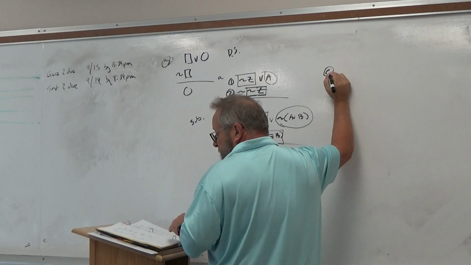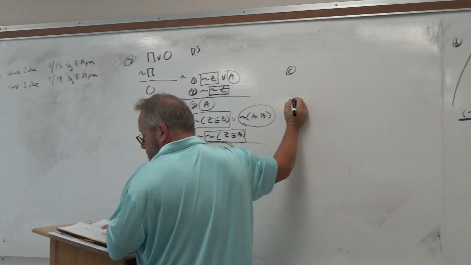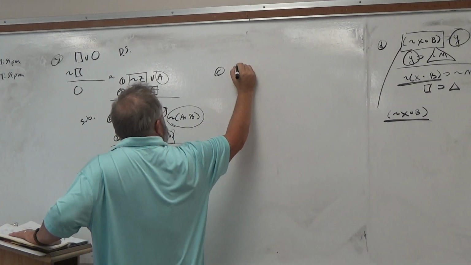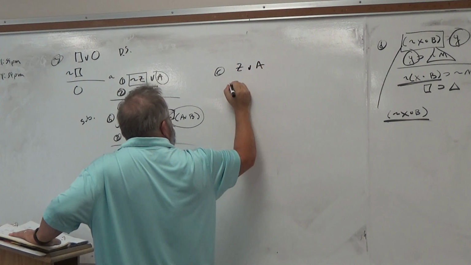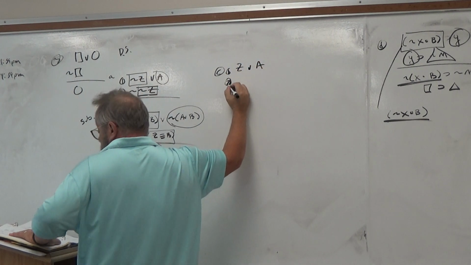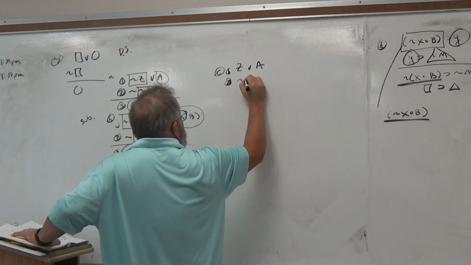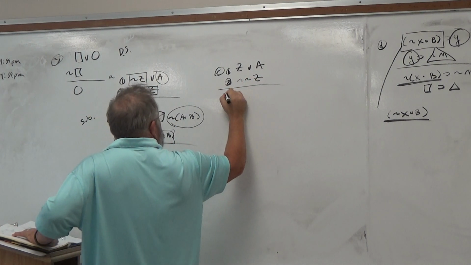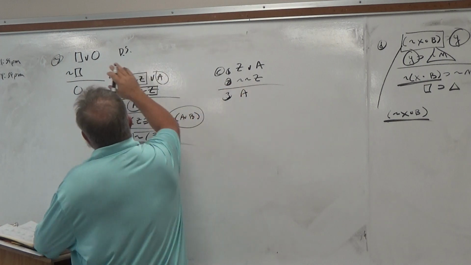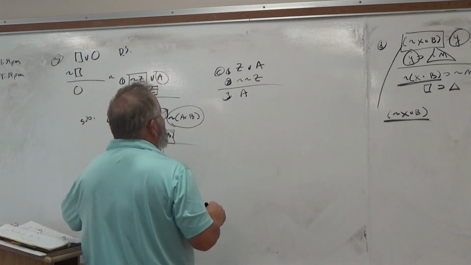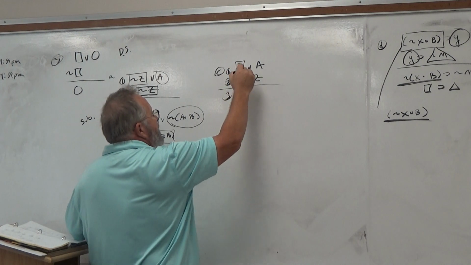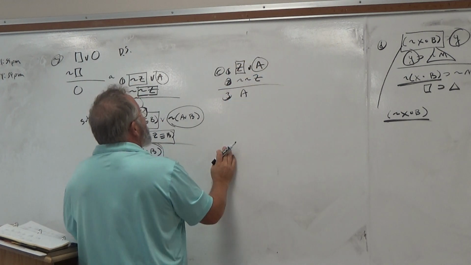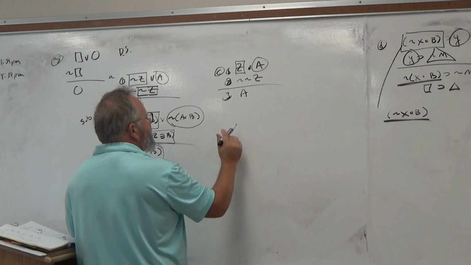This is 3C. I have Z or A, that's one. And 2 is not Z, and 3 is A. Okay, so the first thing is a disjunction, that's what we need. All right, so we can say box or circle. And so wherever I see Z, I have a box.